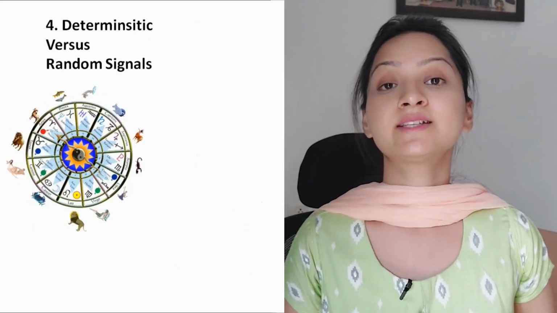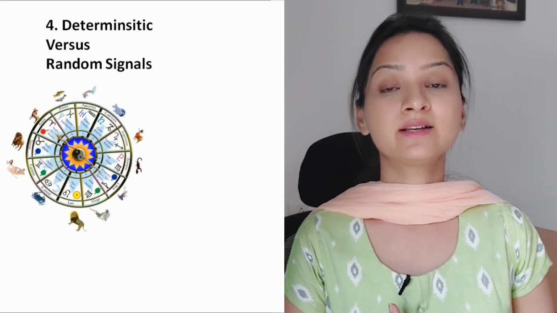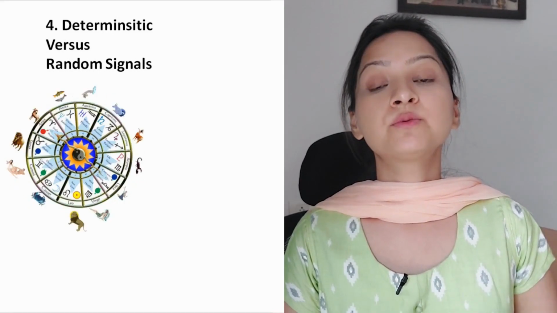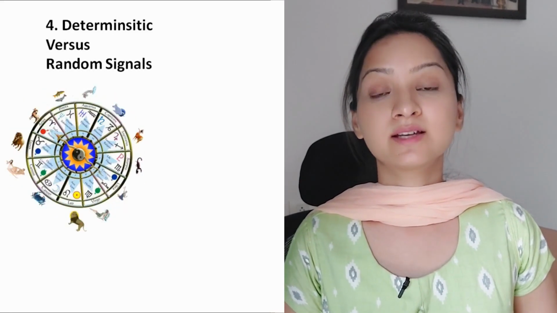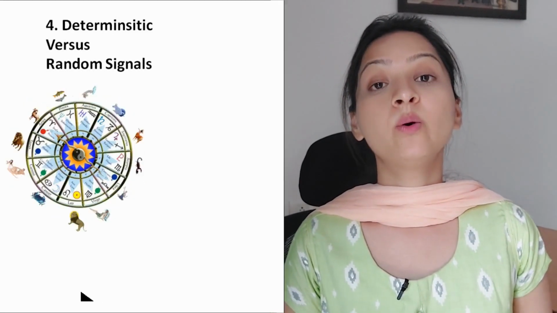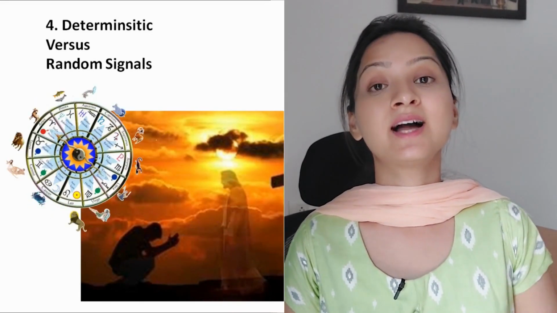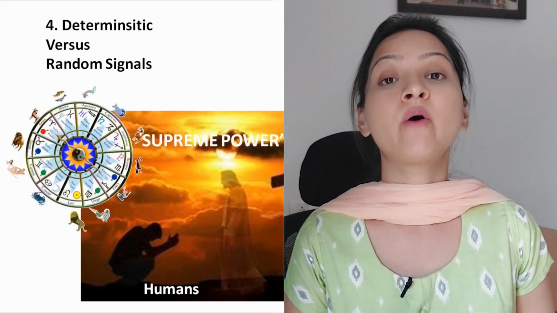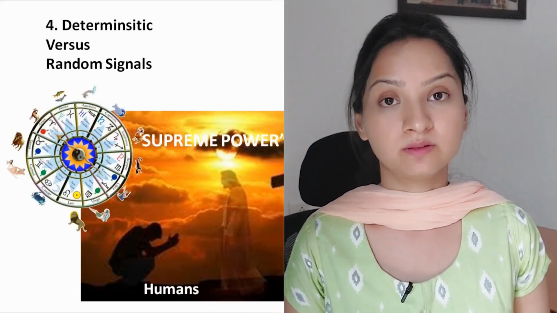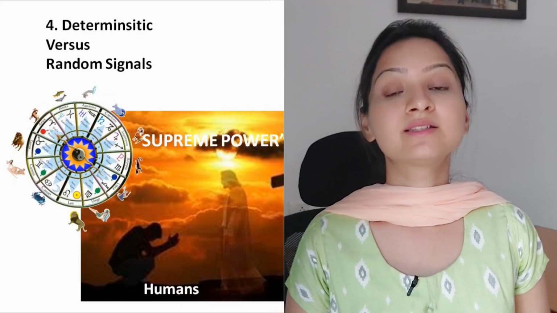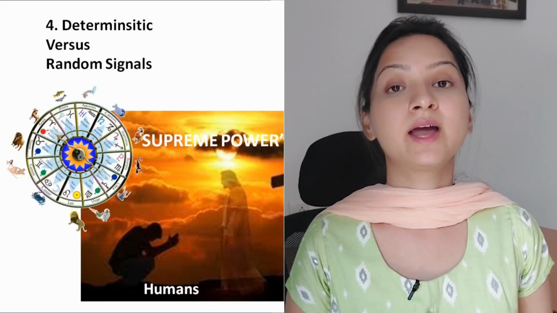Deterministic and random signals can be the last category of signals. Now before discussing that, I want to make a point clear that if at all you want to mathematically analyze a signal, it can be done only if the exact mathematical representation of that signal is possible. Only then the mathematical analysis and processing of the signal can be done.